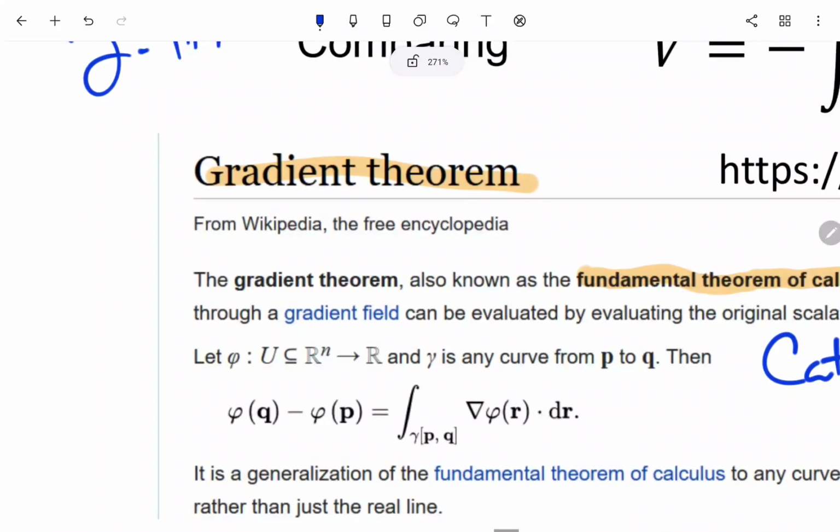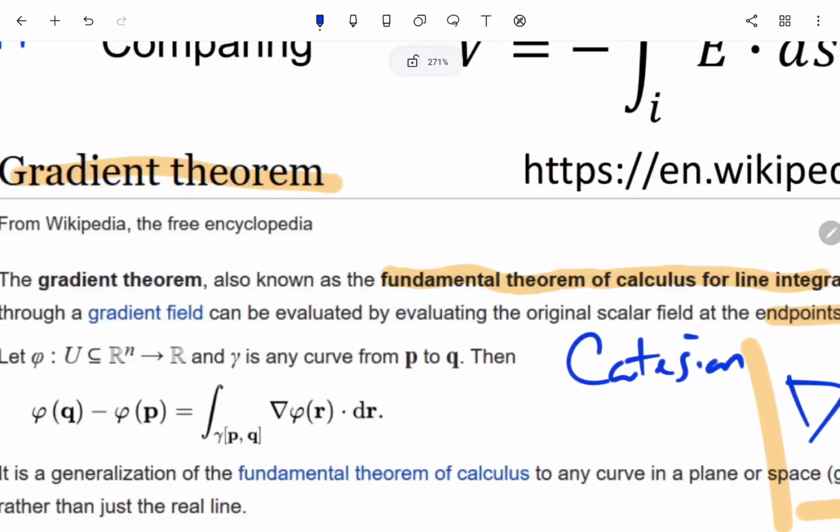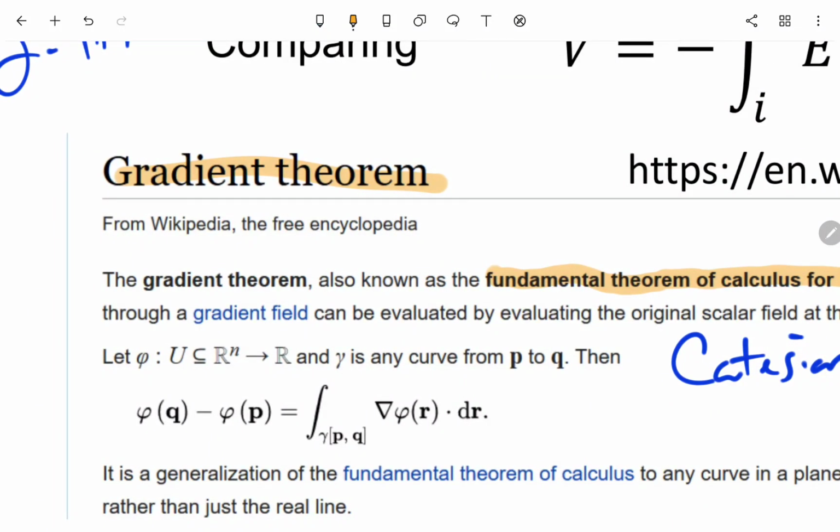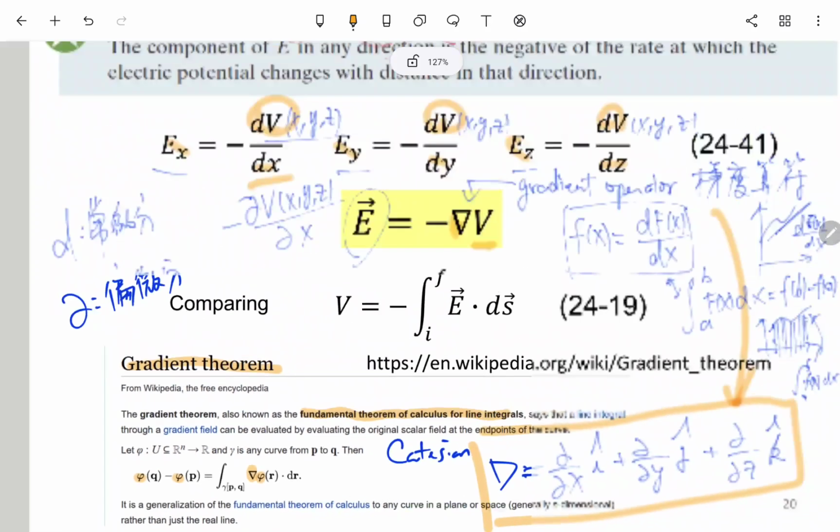So here is the gradient theorem. It can go to higher dimension. Suppose we have a scalar function, and then we can just take the gradient, which turns out to be an integration.